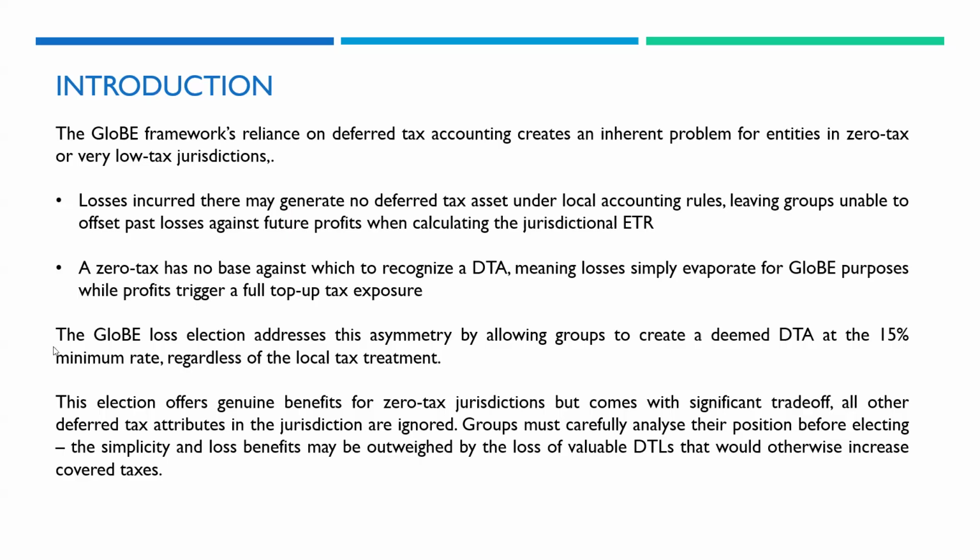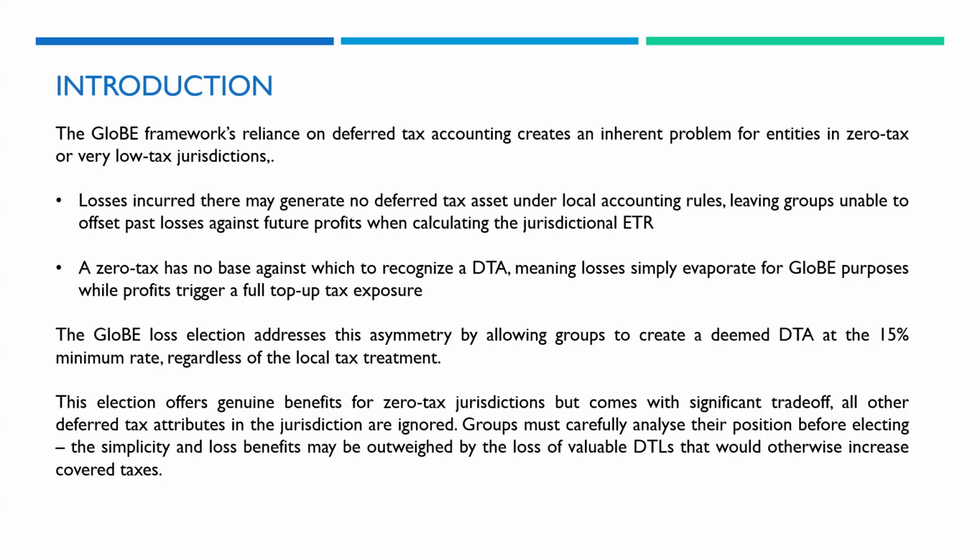Yeah. So that is why there is something called GloBE loss election, which addresses this asymmetry by allowing groups to create a deemed DTA at 15% minimum rate regardless of the local tax paid. So you can go upward only if what? Only if there is already a DTA. Already a DTA at 9%, I can recast upwards. But if there is no DTA at all, there is no recast at all.